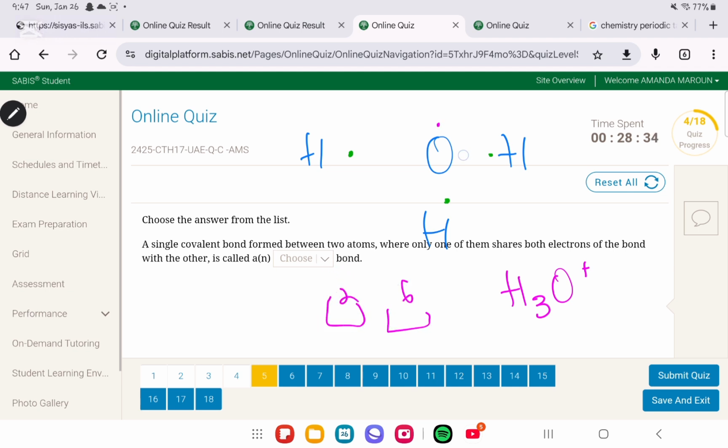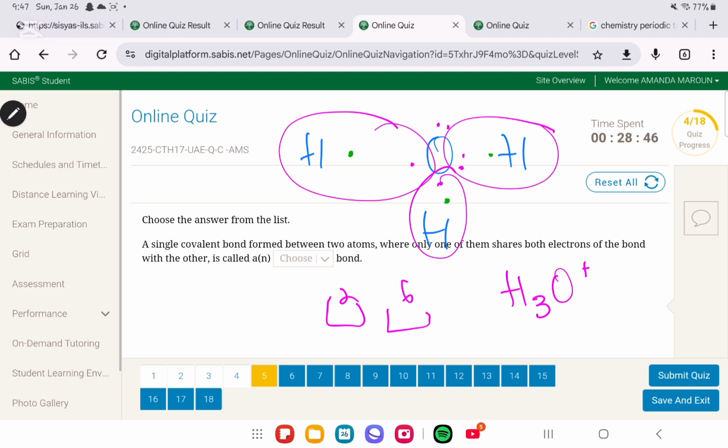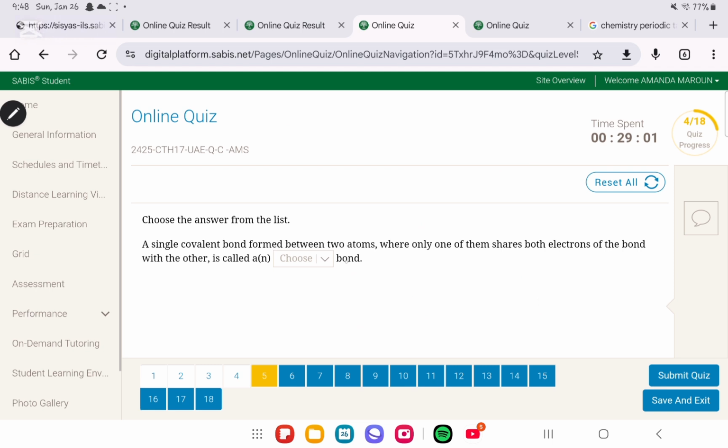It has 1, 2, 3, 4, 5, and 6. As you notice what's happening, this is normal, this is normal, but over here, only the O is sharing both electrons of the bond. We call this a dative bond, or a coordinate bond.